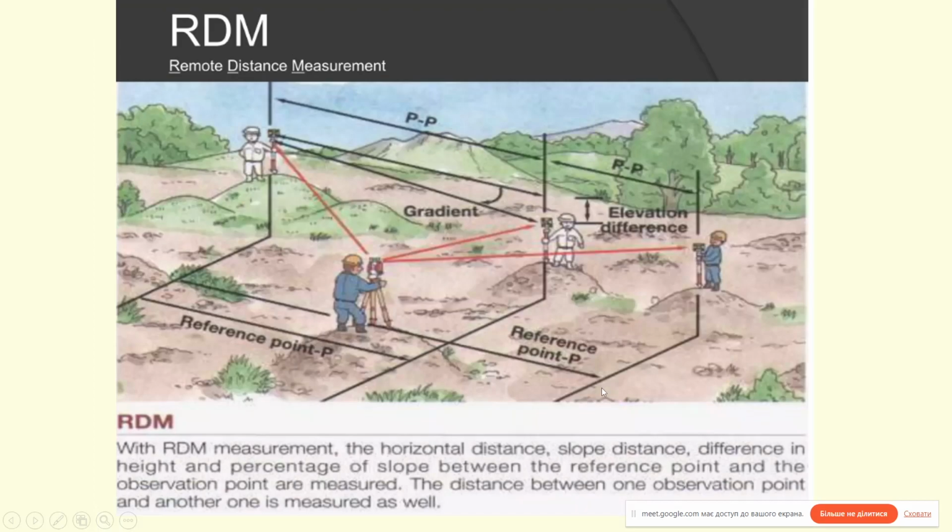Another option, remote distance measurement. With remote distance measurement, the horizontal distance, slope distance, difference in height, and percentage of slope between the reference point and the observation point are measured. The distance between one observation point and another one is measured as well.